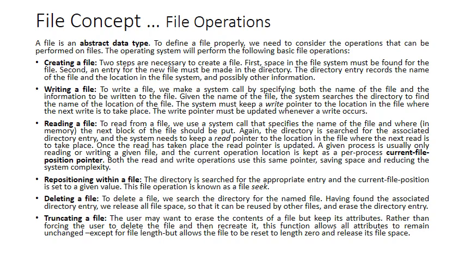Both the read and write operations use the same pointer, saving space and reducing the system complexity. Positioning within a file. The directory is searched for the appropriate entry and the current file position is set to a given value. This operation is also known as a file seek when you are trying to search for some information.